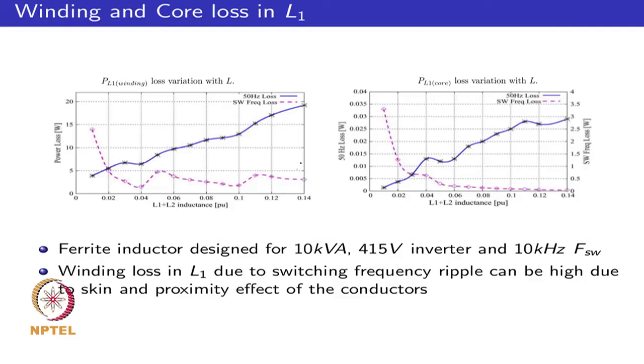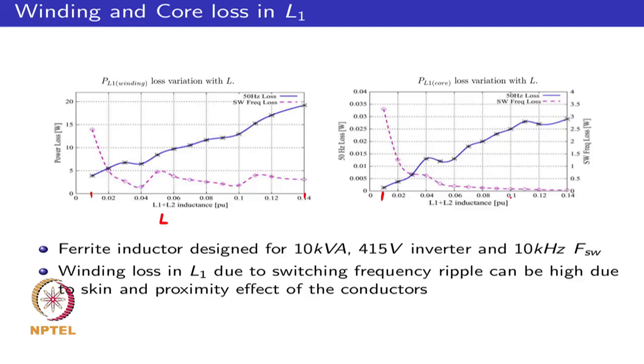The first figure over here shows the winding loss as a function of L, which is L1 plus L2, ranging between say 1% to 14%, and the next figure shows the core loss again when L is varied between 1 and 14%, and you are looking at the loss in the core of L1 when L1 plus L2 is varied.